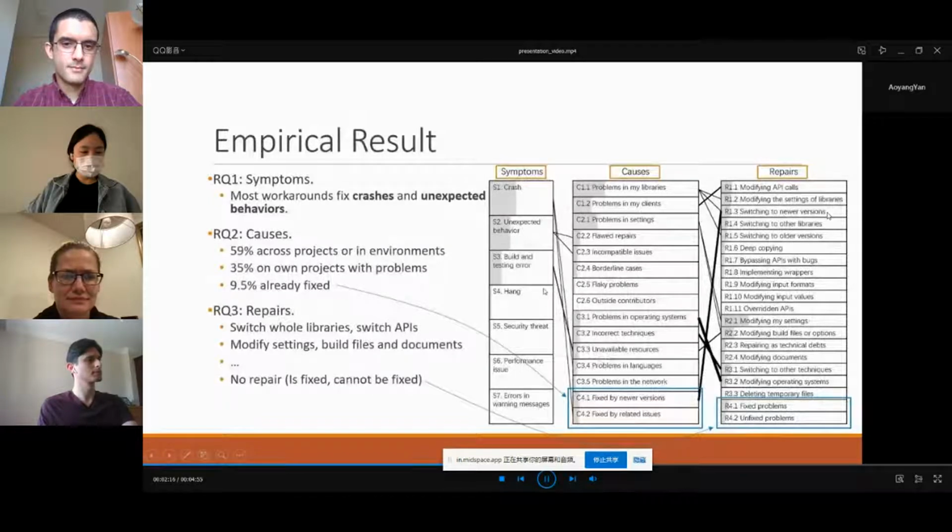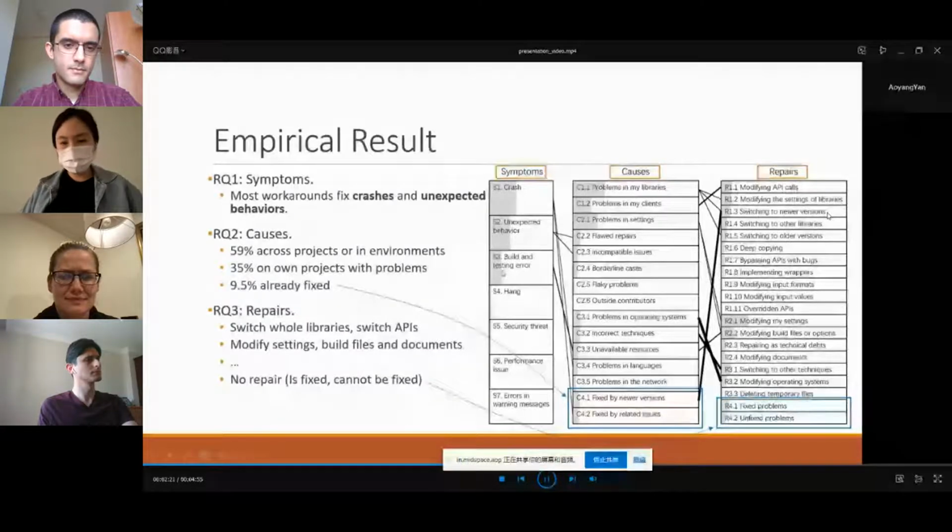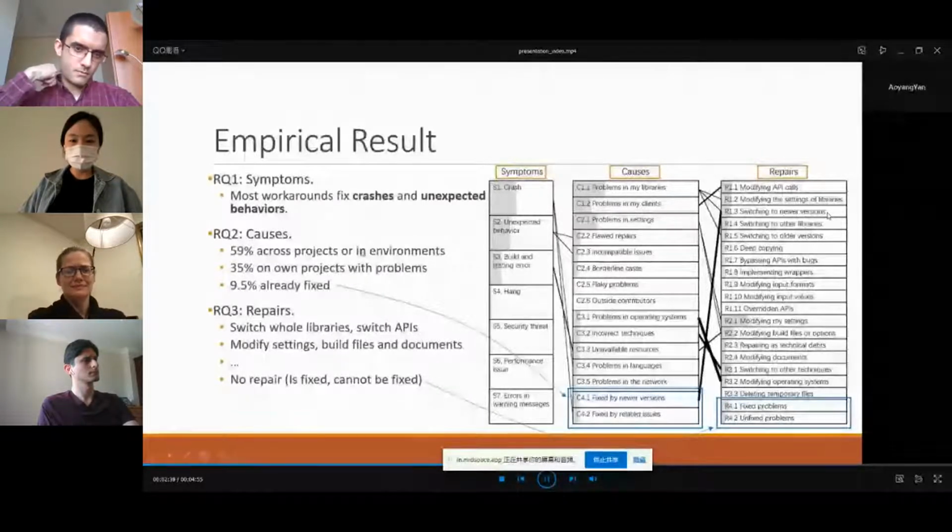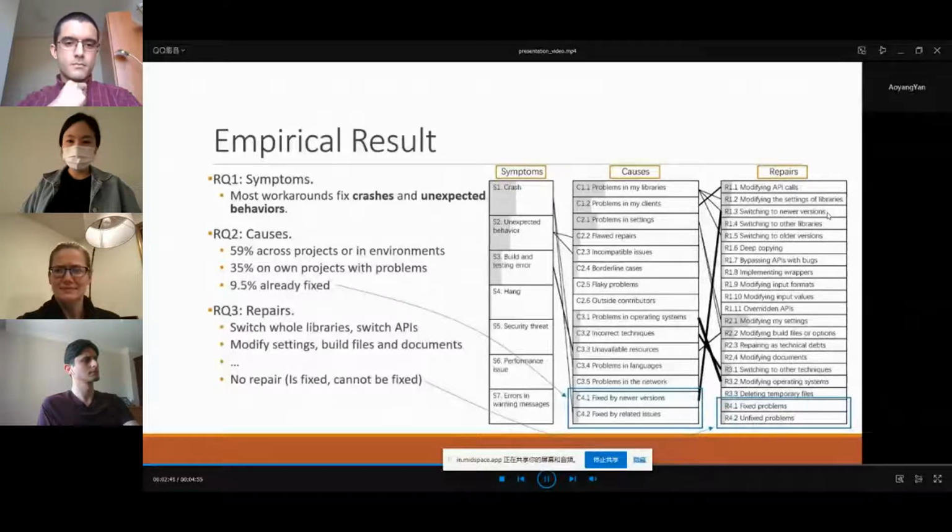This figure summarizes all of our empirical results. Our study answers these RQs. RQ1, what are the symptoms of these bugs? The answer is that most workarounds fix crashes and unexpected behaviors. RQ2, why are workarounds introduced? The answer is that the problems of more than half of workarounds are across projects or residing in environments.